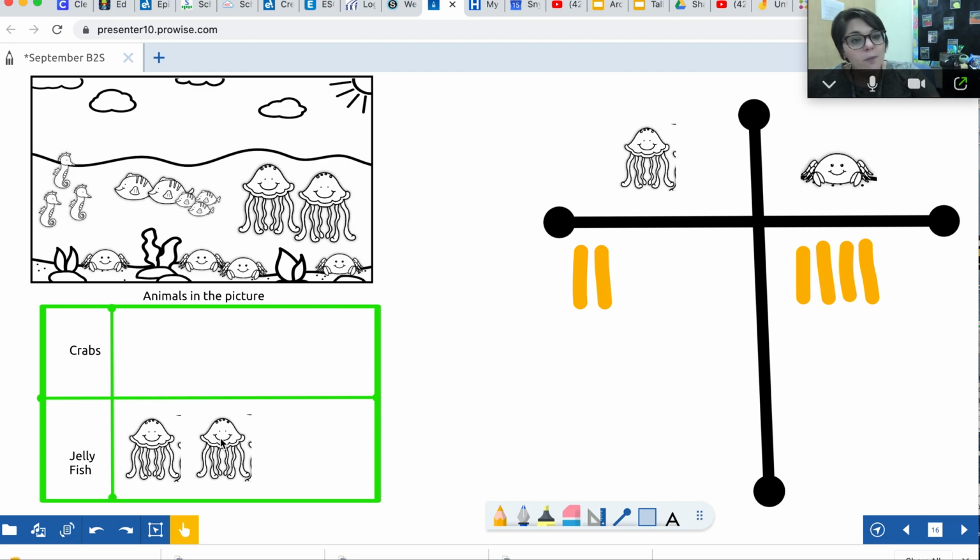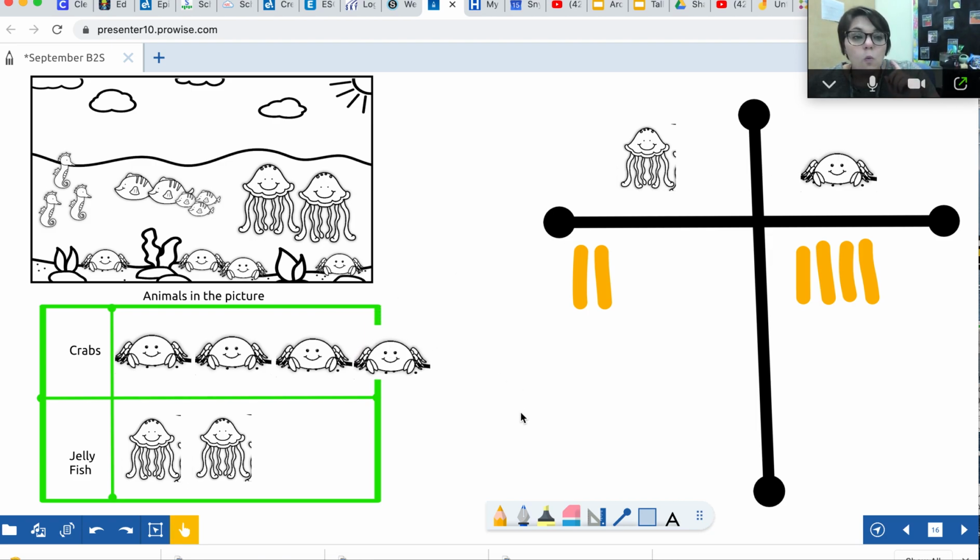Now, how many crabs are we going to put on there? 4. So I'm going to grab 1. Hopefully there's room for 4. 2, 3, 4. It's going to go off the thing a little bit.